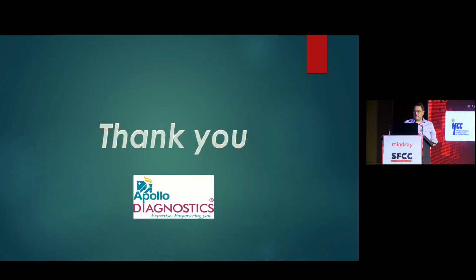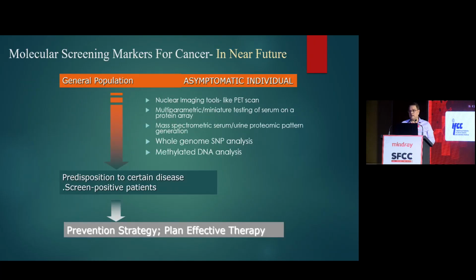What is the future which beholds us? The future, which maybe in another 5 years down the line will happen, is a general screening marker for cancer genomics for the general population, given the entire knowledge we would have of cancer genomics and genetics. Today we are talking about targeting cancer hotspots alone.